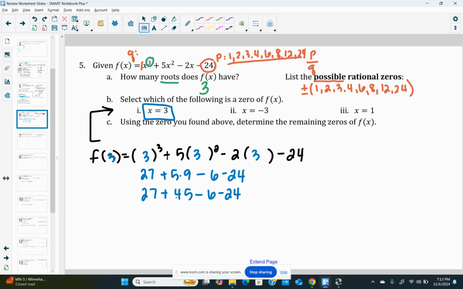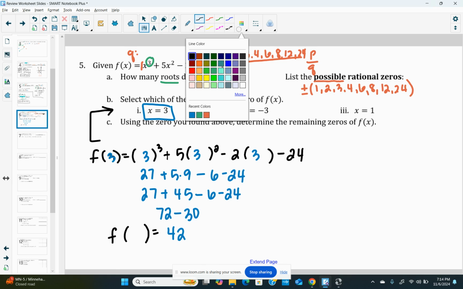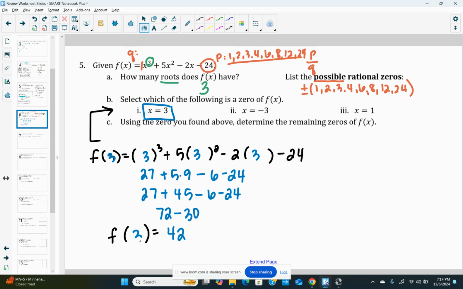And 27 plus 45 is 72. Then negative 6 and negative 24 is negative 30. And 72 minus 30 is 42. So this is the remainder when we plug in 3. We get a remainder of 42, so that means that this is not a 0.